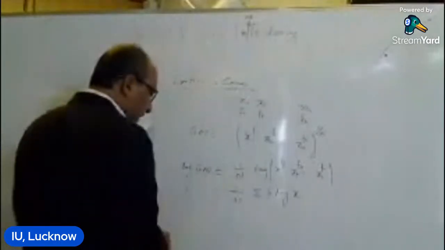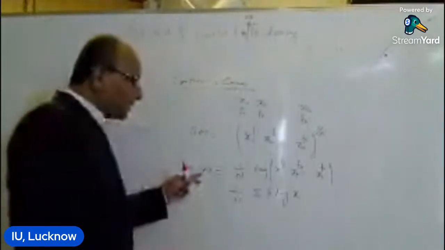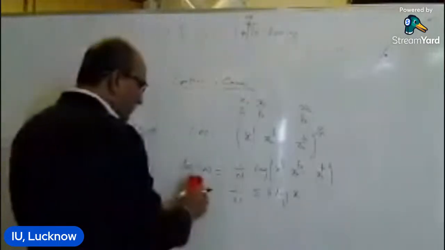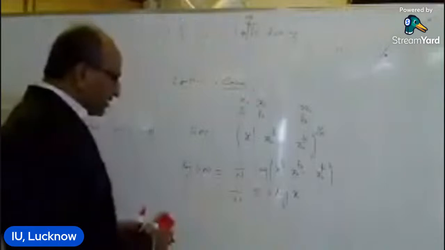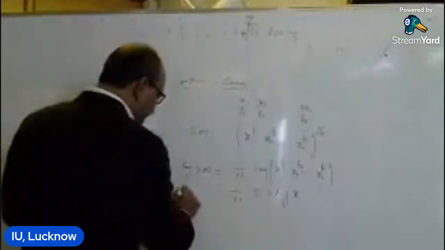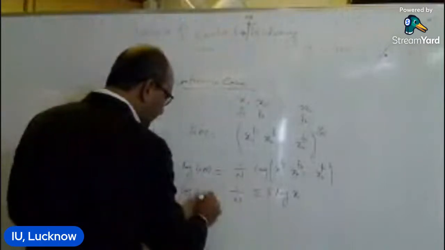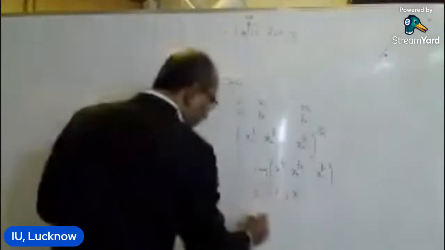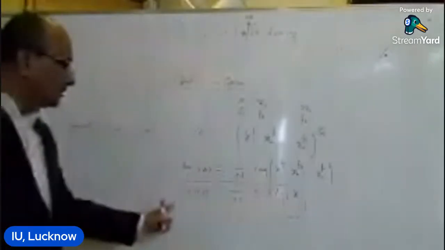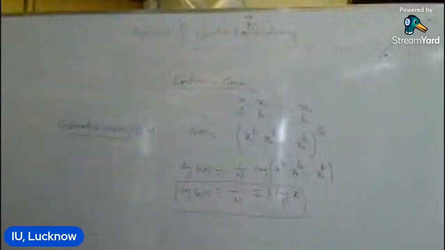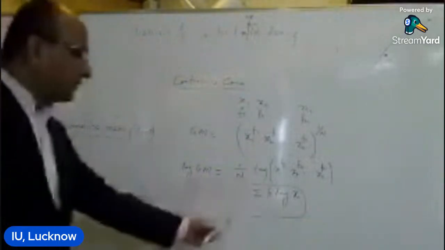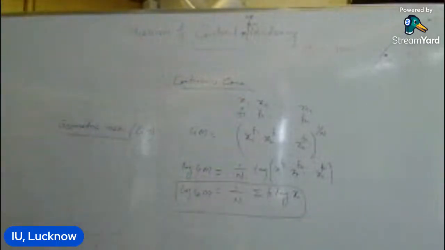If you want the GM, then you have to take the anti-log. So you can find log GM, and the geometric mean will be the anti-log of this. So you can also use this formula in the log form.